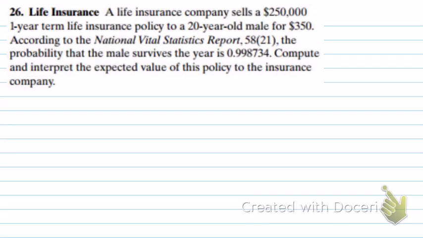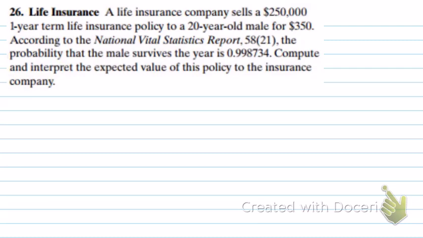So what does an insurance company do? It sells you a policy and they're betting you're going to live. They charge you money for the policy and they say, if you die, we lose. Of course, you did too because you died. But so they sell you a policy.